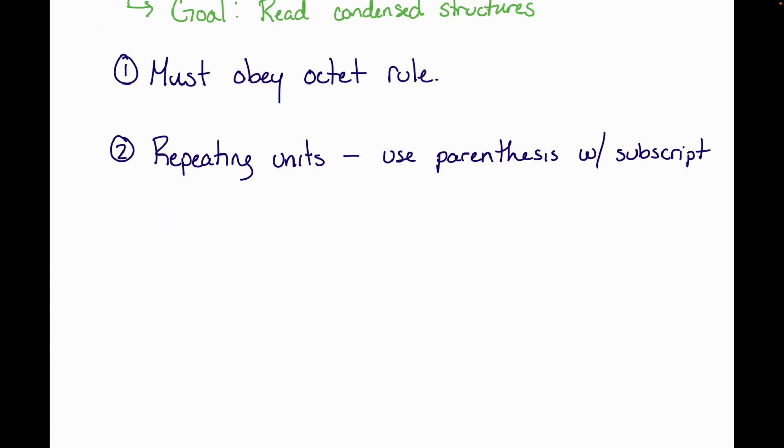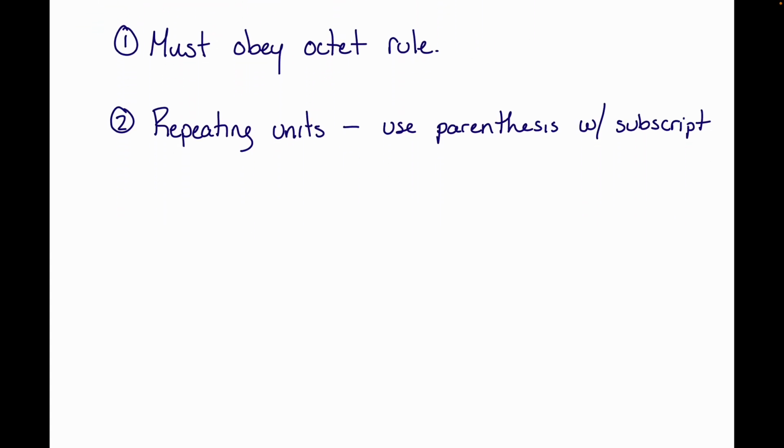So what do I mean by that? Let's say that we had this formula: CH3 and then in parentheses CH2 with this subscript on the outside, 2. This means that we have 2 repeating units of CH2 in the middle there.